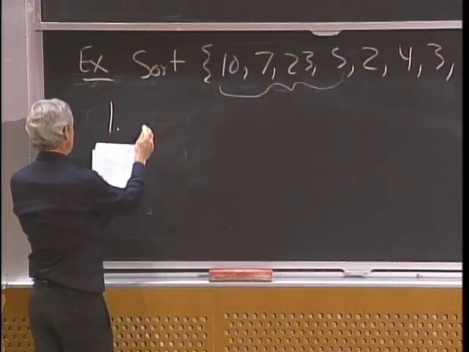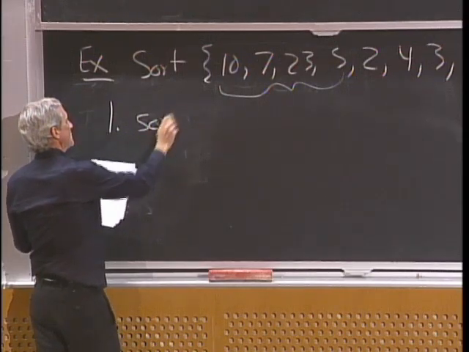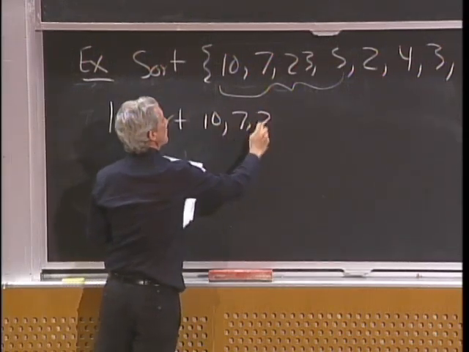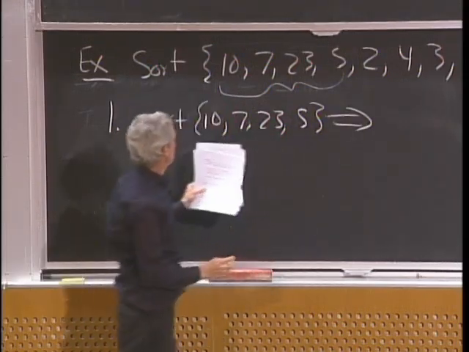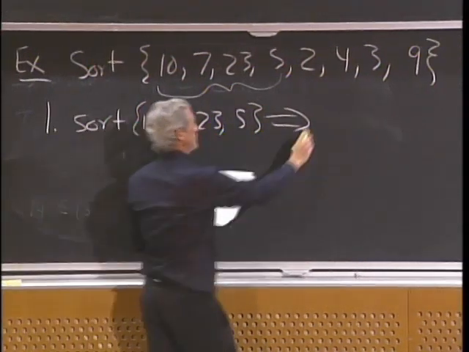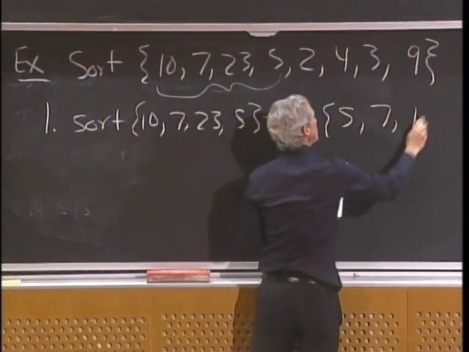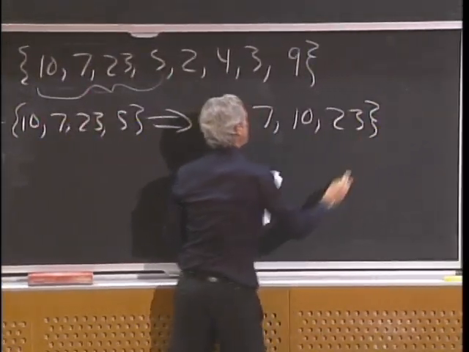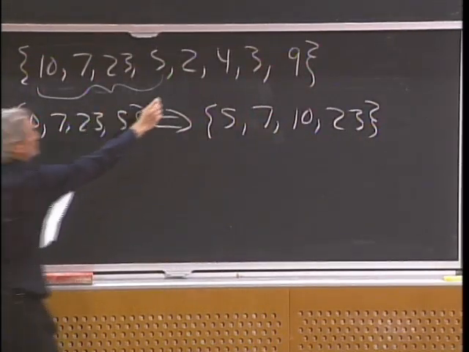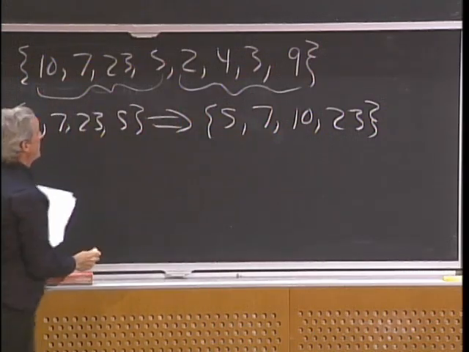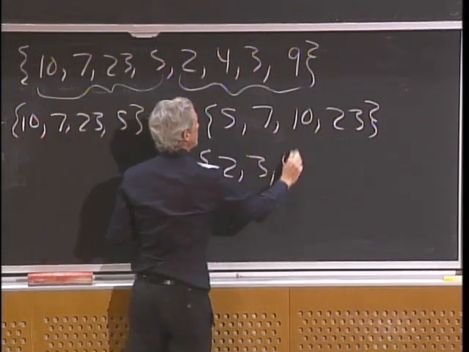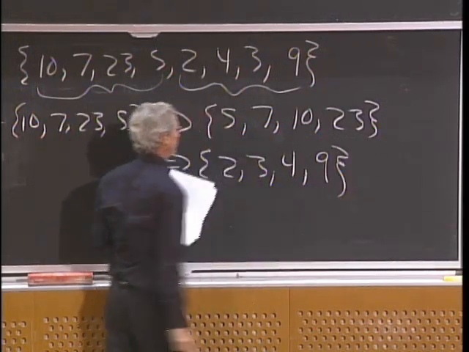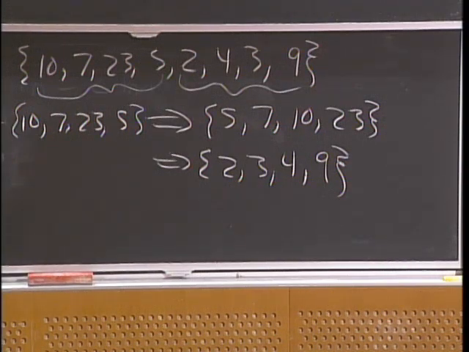When I do that, I'm sorting 10, 7, 23, and 5, and that produces 5, 7, 10, 23. And then I recursively sort these guys, and that produces 2, 3, 4, and 9. I've done comparisons but haven't counted them because they're in the recursion.